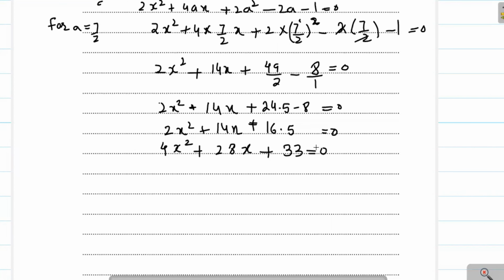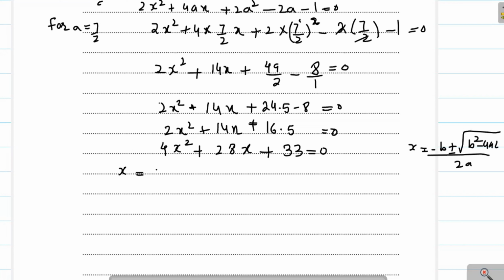We can solve this equation by using the quadratic formula. Therefore, x equal to minus b plus or minus square root of b squared minus 4ac, over 2a.